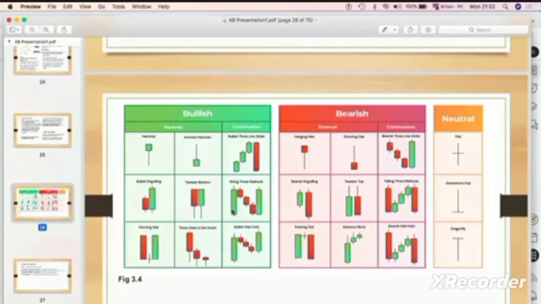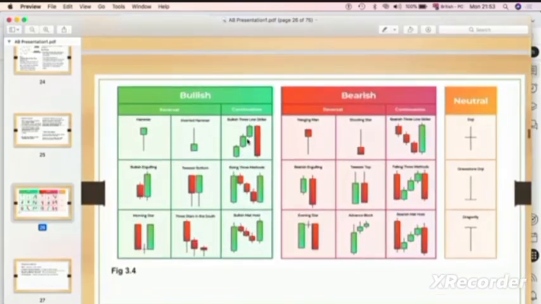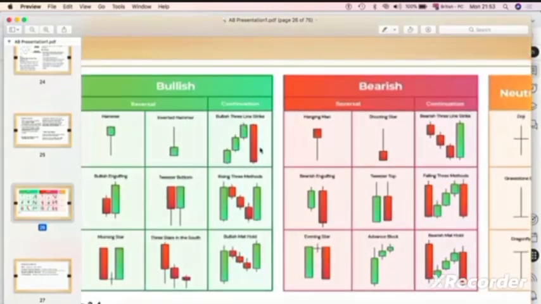So we have continuation patterns in which once you see them, you know you can be very confident in the market that price is going to continue in that direction. Okay, so for example, one of the continuation patterns you will see is the bullish three line strike.